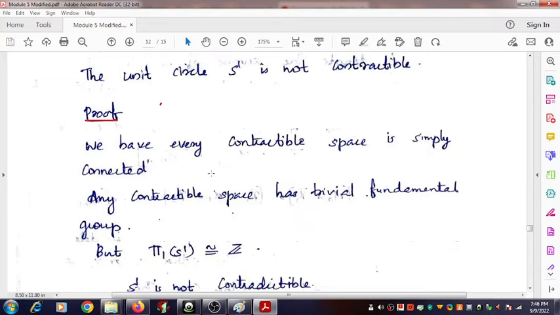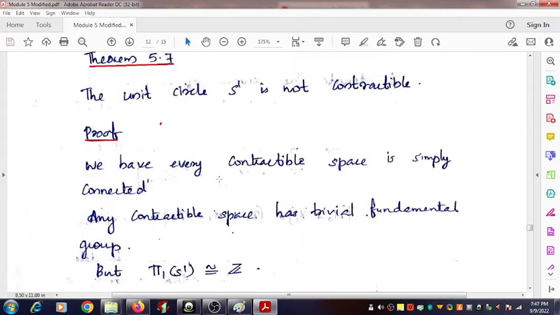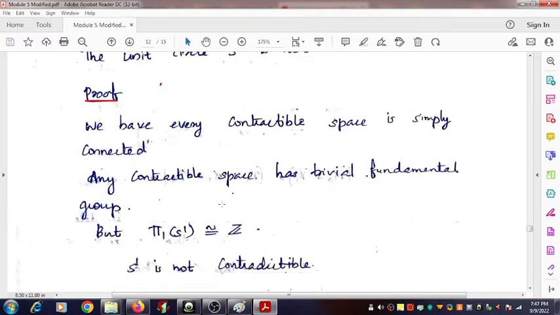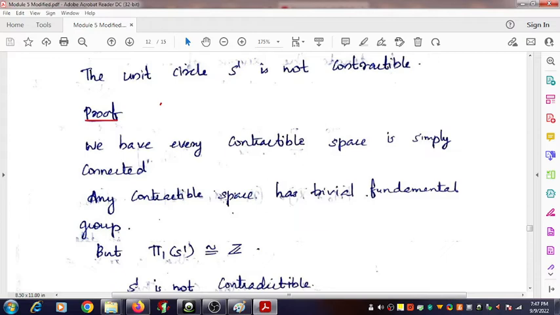And therefore, if S1 is contractible, it must be simply connected, and if it is simply connected, then its fundamental group must be isomorphic to the trivial group.